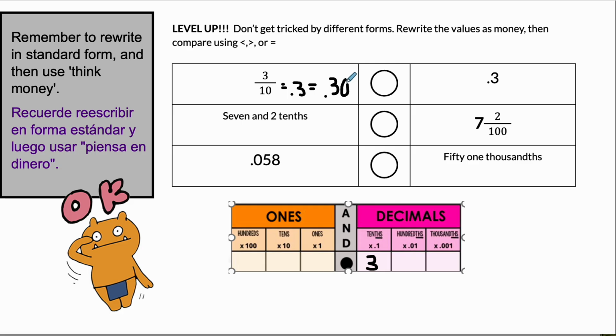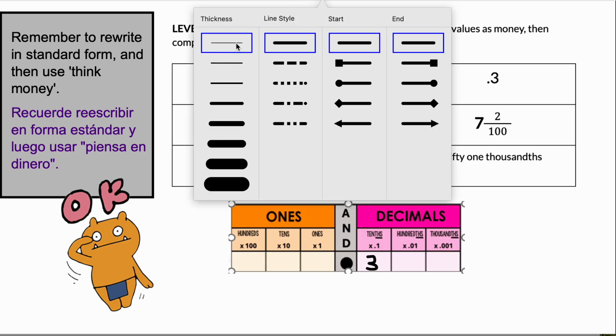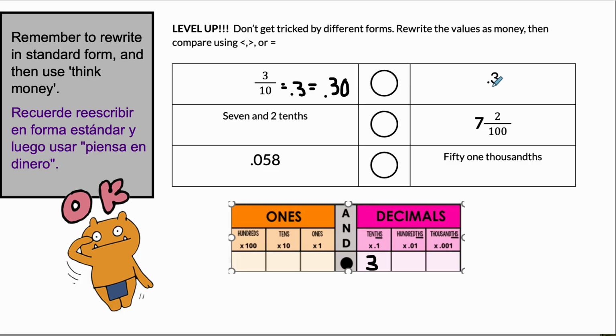Nice. So we annotated using the strategy of think money. Let's look over here. Oh, this is also 3/10. If I want to rewrite that as money, 3 dimes is equal to 30 pennies, 30 cents. 30 cents, 30 cents, equal.